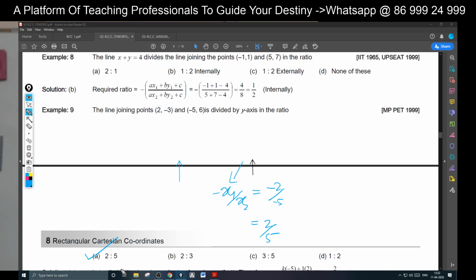I expect the answer from you without putting your pen on the paper. I repeat the same question, I am converting it like this. The line joining the points 2, minus 3 and minus 5, 6 is divided by the x-axis in the ratio.